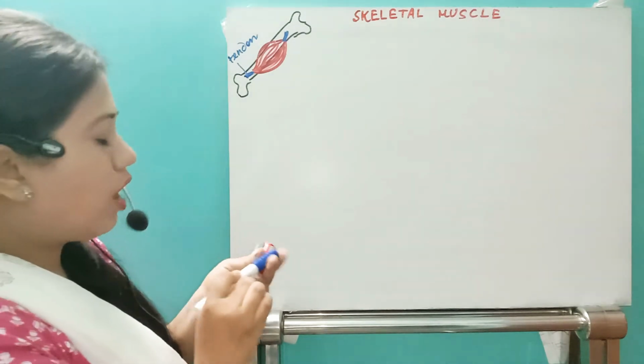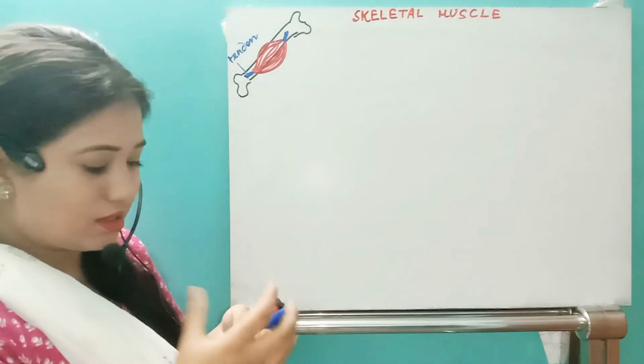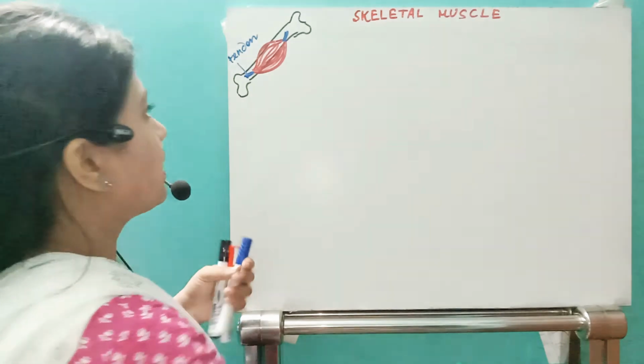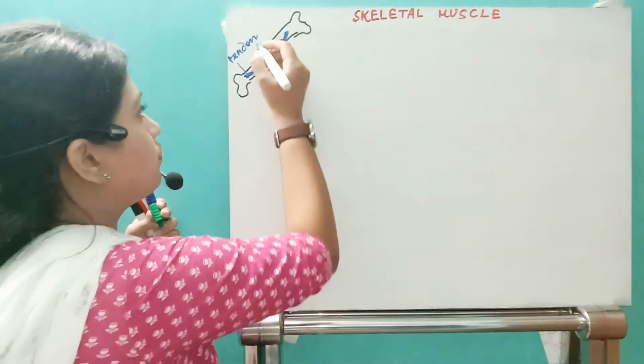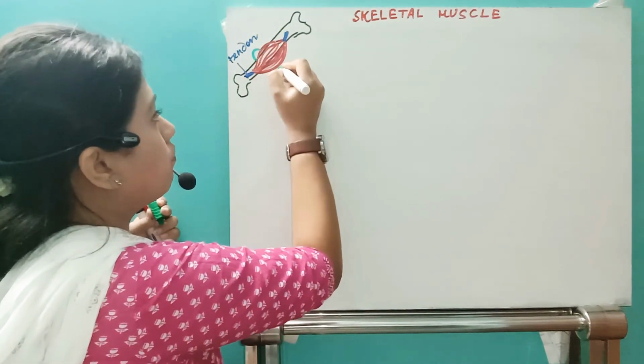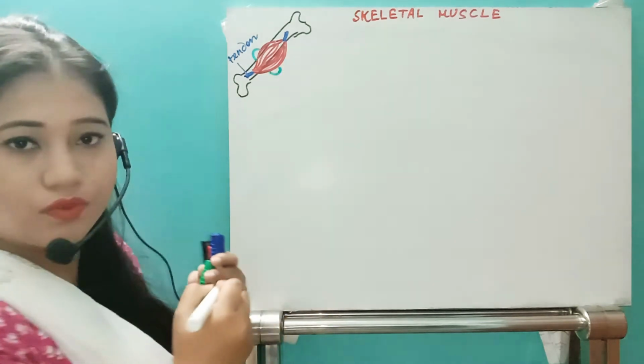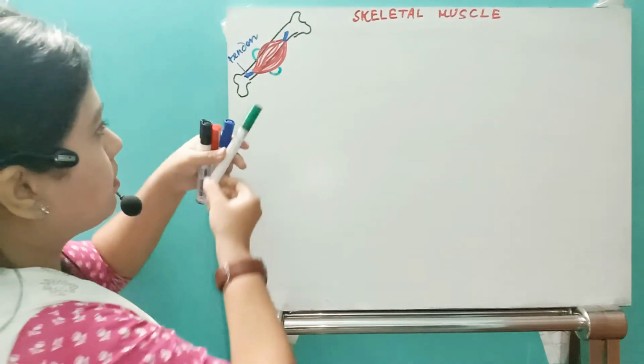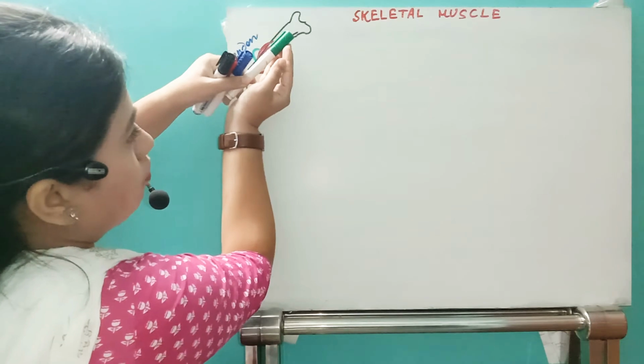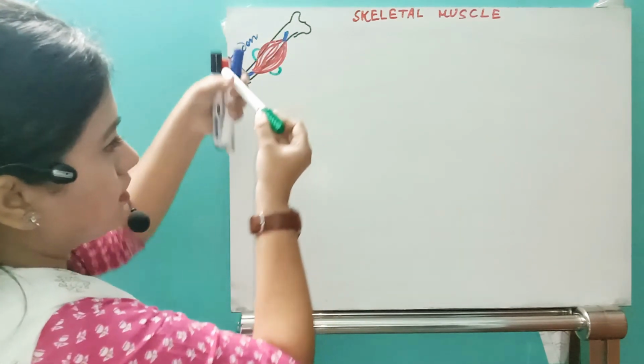Now, if you need to see what is present inside the muscle, we will take one section. Normally the muscles are present like this, suppose. Now we have to see it like this.